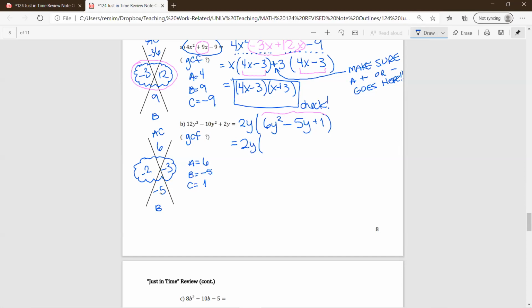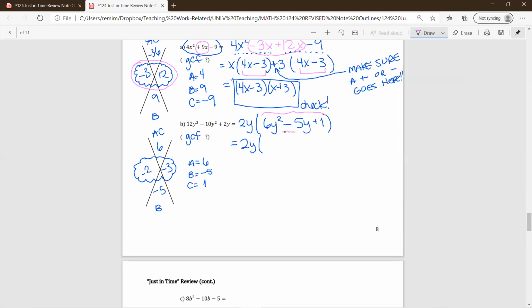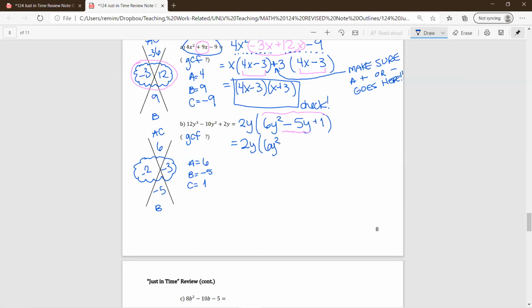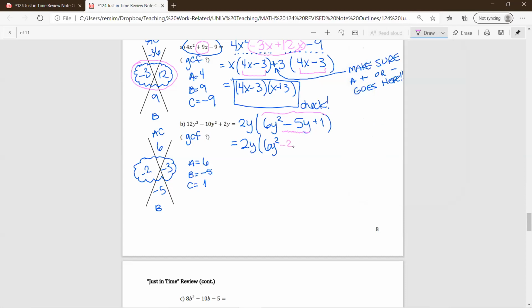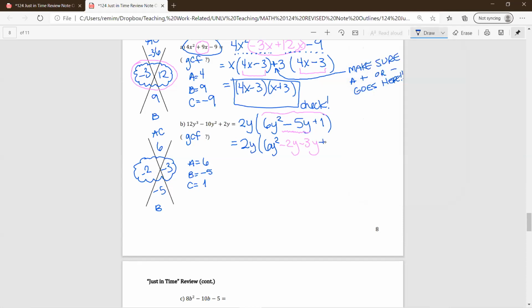And the point of coming up with these two numbers is that we're going to take our middle term right here, and we're going to split that middle term up into two terms by using those two numbers. The first term stays the same, the 6y squared. And the middle term, instead of being -5y, is going to split up using -2 and -3. So I have -2y and -3y. And then the +1 at the end does not change.